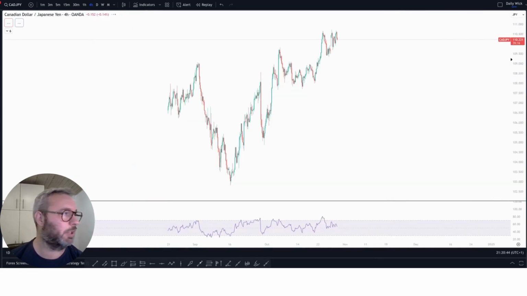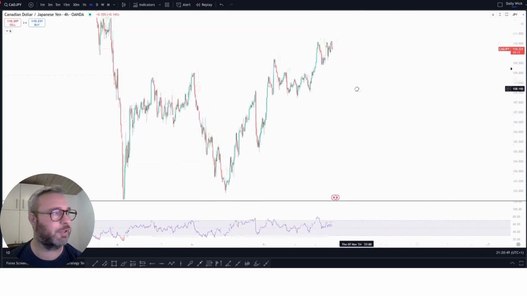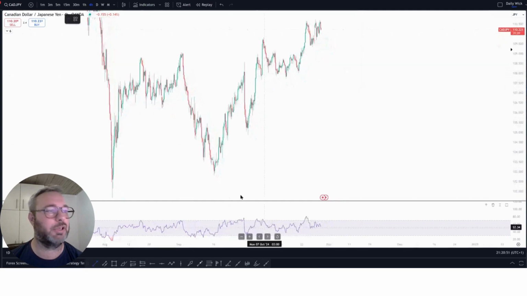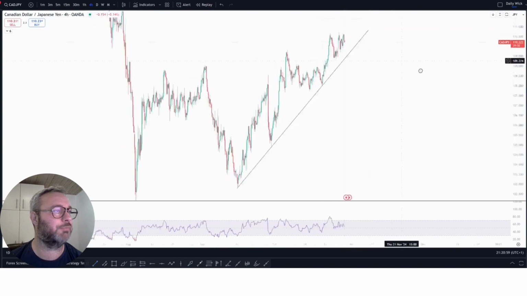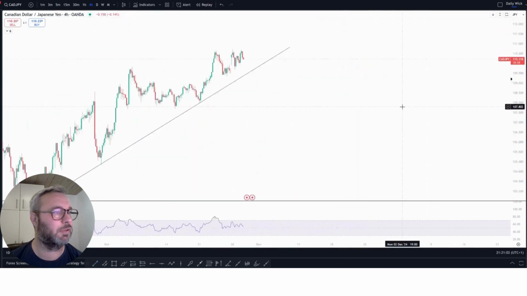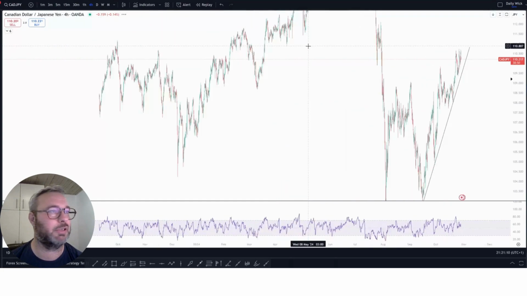So next one, CAD JPY. Again, we remove everything, and we start with a trend line. Let's see, you can do it from down here. Yeah, something like this. And we have a good resistance level here.